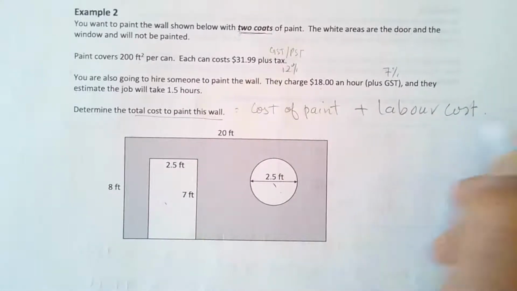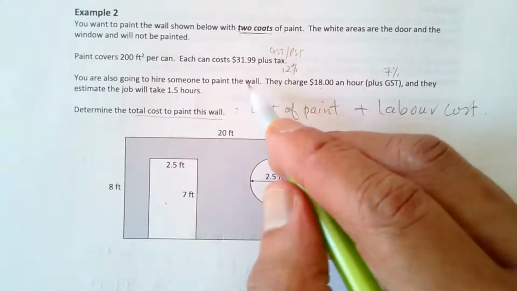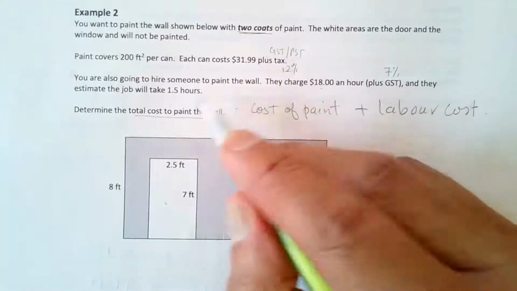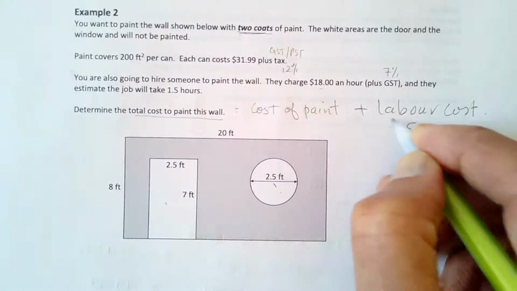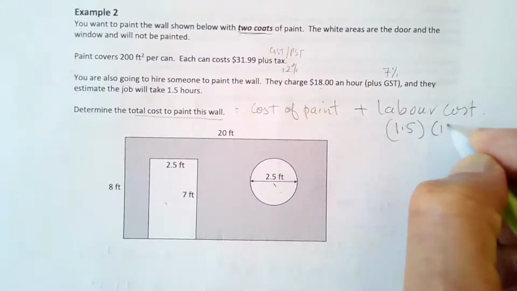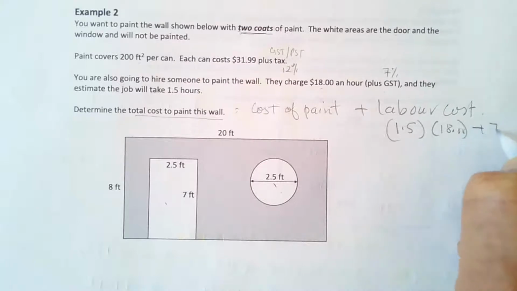Now we know the labor cost: the estimate will take 1.5 hours, so this will be 1.5 times $18 plus 7% tax.